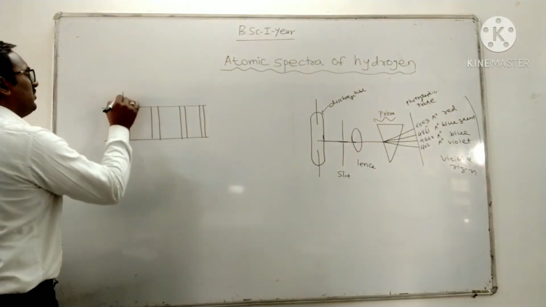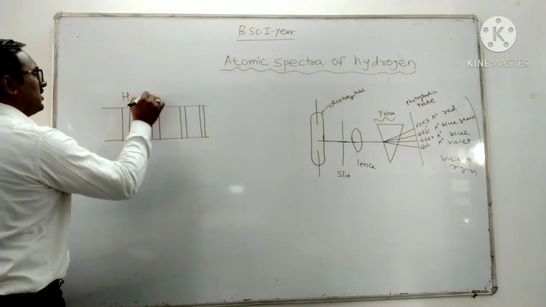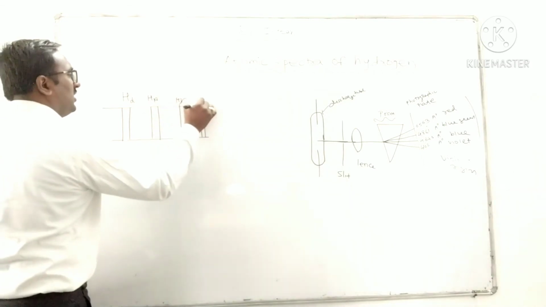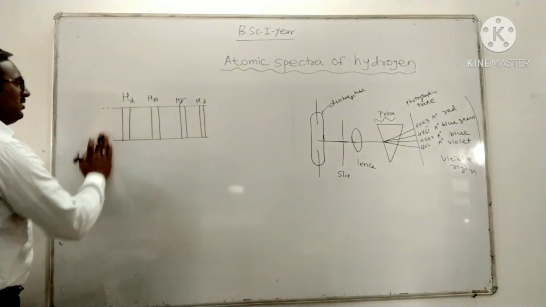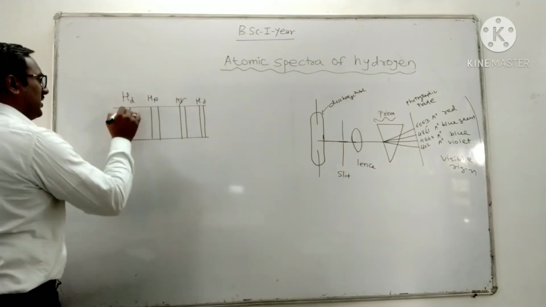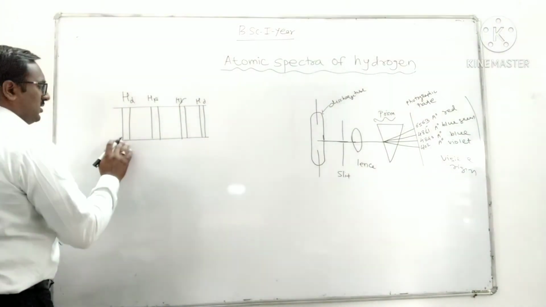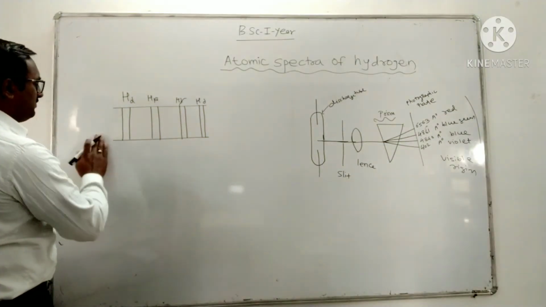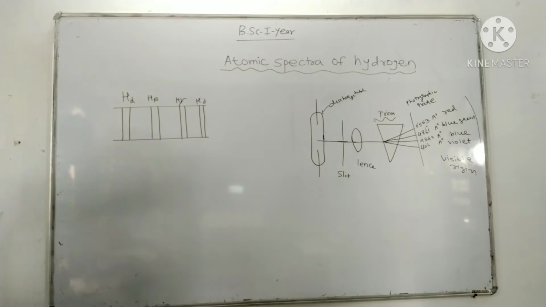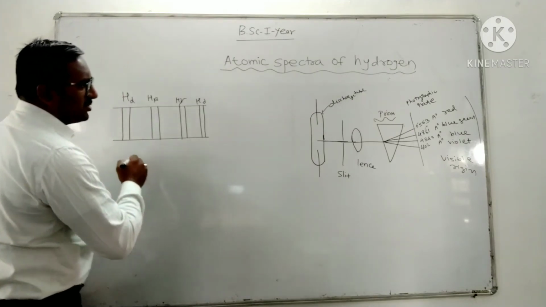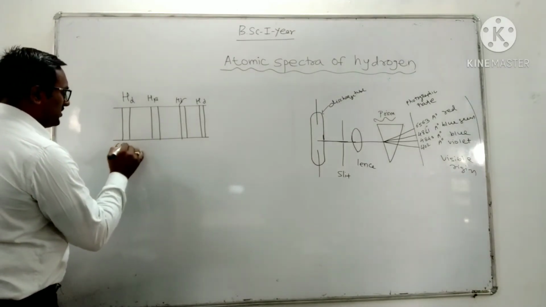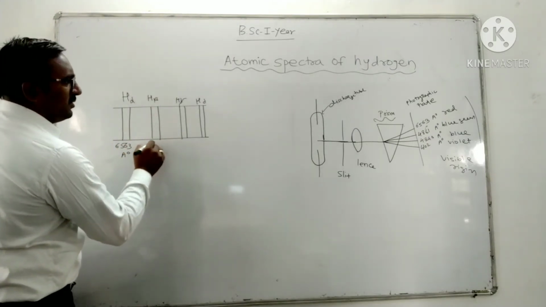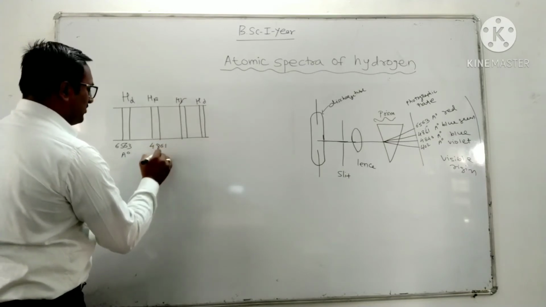Okay. So names were given initially: H alpha, then H beta, then H gamma, then H delta. Initially names were given to these lines or bands of the spectrum. H alpha is in the range of 6563 Angstrom unit. Then H beta is in the range of 4861 Angstrom unit.